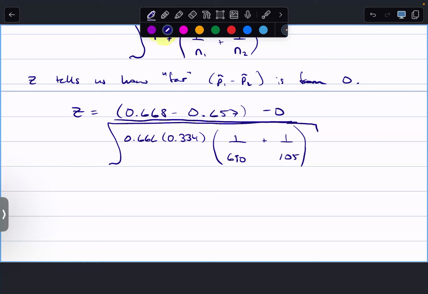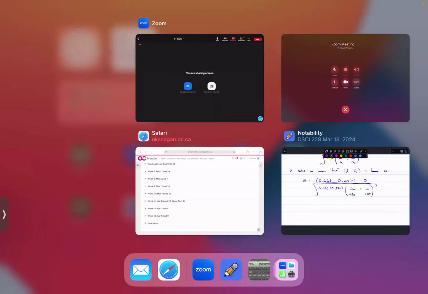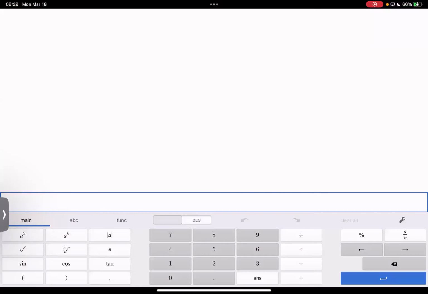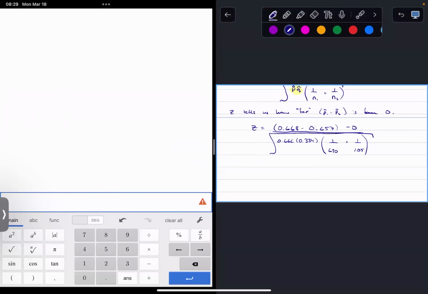Okay. Let's see if I can manage here. I'm going to start with the numerator, and I'm just going to call it P so that I can use it later.